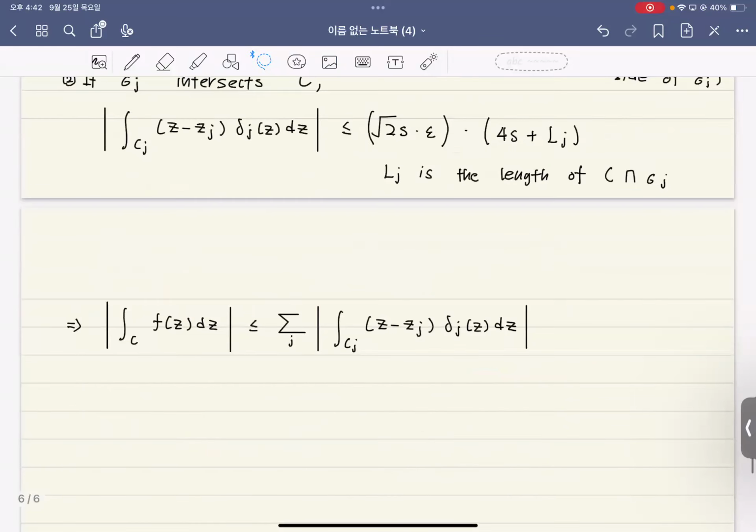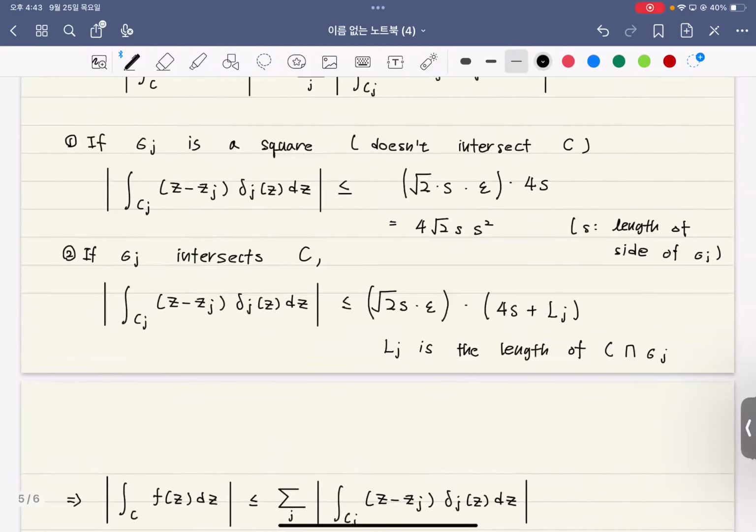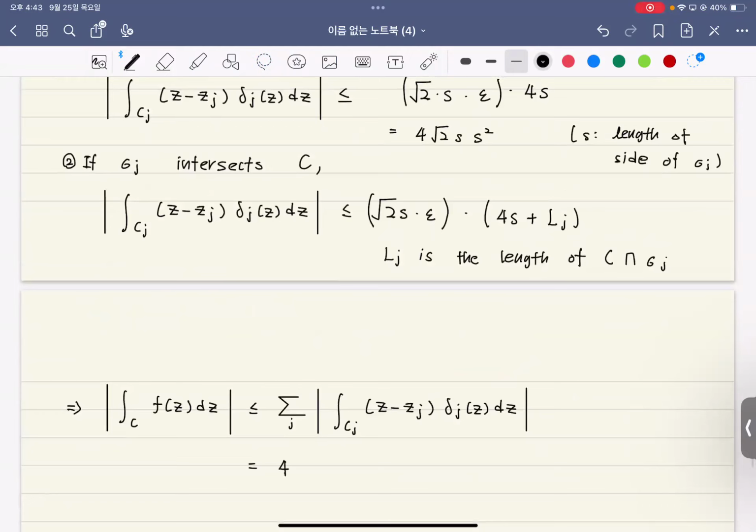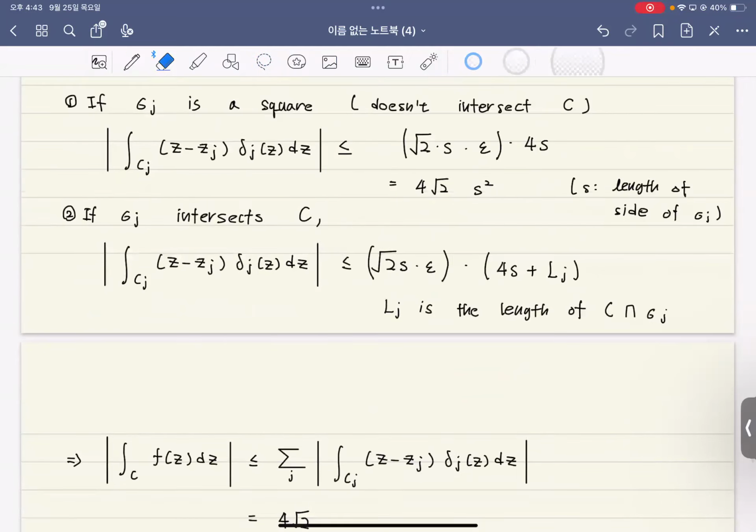Okay, now we are ready to find the upper bound of this number. So this is 4 square root of 2 times, oh sorry, this one is supposed to be epsilon.